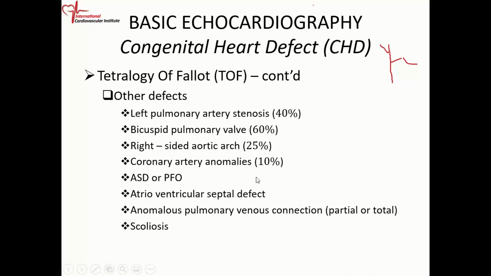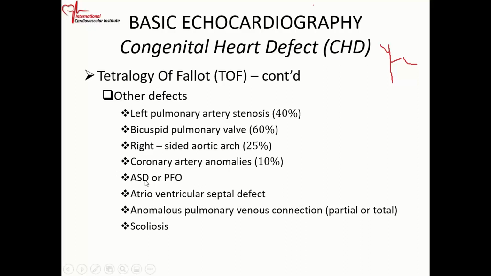So you can have varying abnormalities of coronary artery origin. Okay, so the right coronary artery may come from the left coronary cusp, or the circumflex may come from the right coronary cusp. So you're going to look for abnormality of the origin of the coronary arteries.